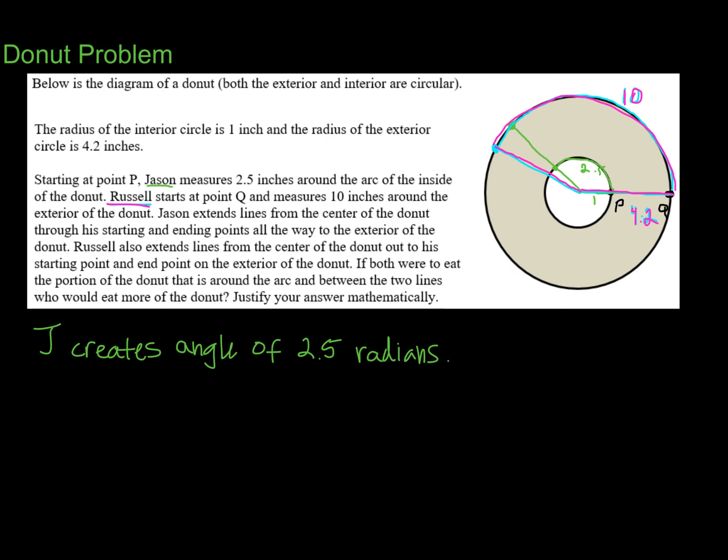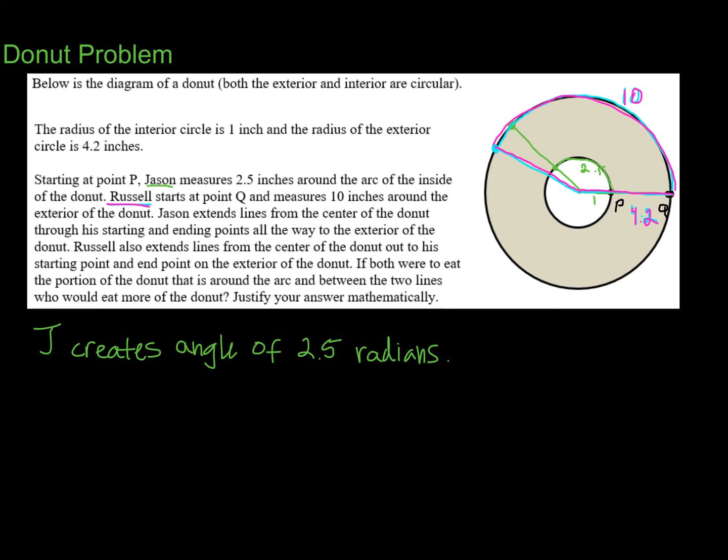Now Russell, he creates an angle of, well, we need to do a little math here to figure this out. And here's why. His arc length for his angle is 10 inches, but this is around a circle of radius 4.2. So to compute the angle that he creates, we need to see how many radius lengths of 4.2 are in 10. In other words, how many radians is the angle that he created.